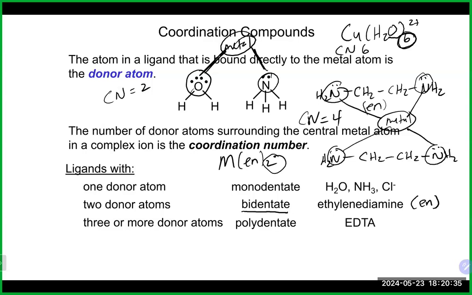I would say ethylenediamine is probably a very common bidentate one that you come across, along with our friend oxalate, C2O4 2 minus, which is also another very common bidentate one. And if you draw oxalate, it looks something like this.